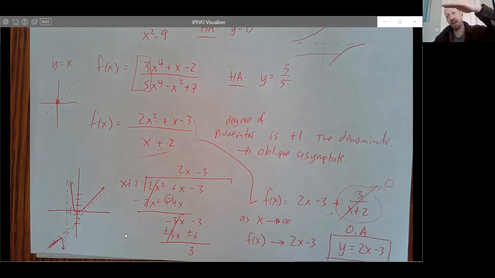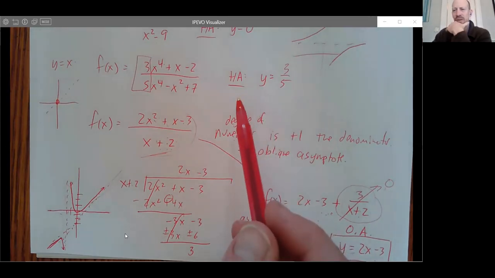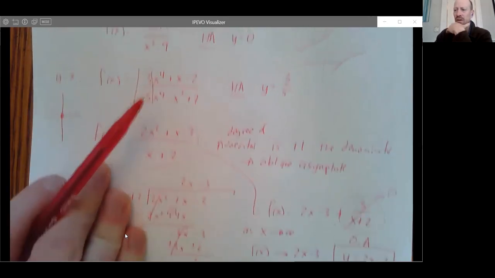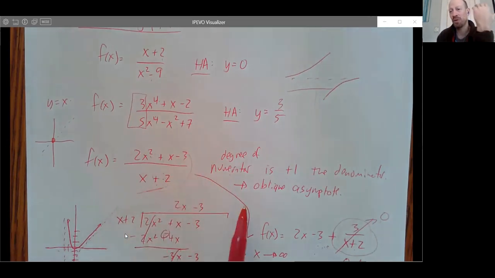Okay, but asymptotes can be horizontal or they can be on an angle. Also be aware that you get one or the other or neither. You can't have both. You can't have a function that has a horizontal asymptote and an oblique asymptote. It has to be doing one or the other or neither. The vocabulary there sometimes is confusing for students because it's like, well, is it a horizontal asymptote or is it an oblique asymptote?